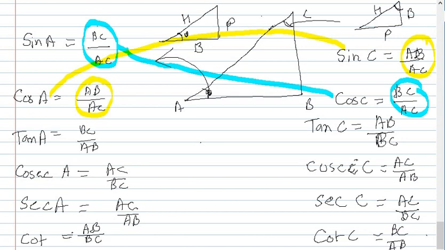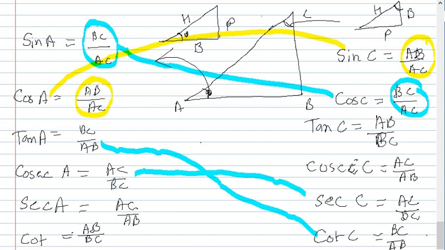Similarly, tan A, BC upon AB, this becomes equal. Cosec, AC upon BC, AC upon BC, see this becomes equal. AC upon AB, sec and cosec become equal, and cot and tan.